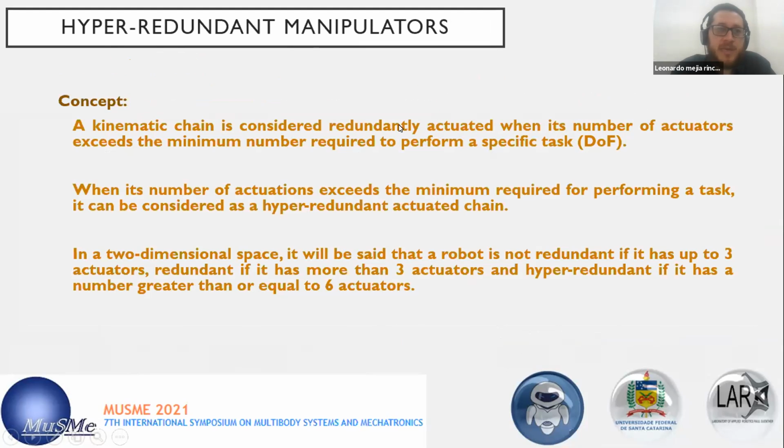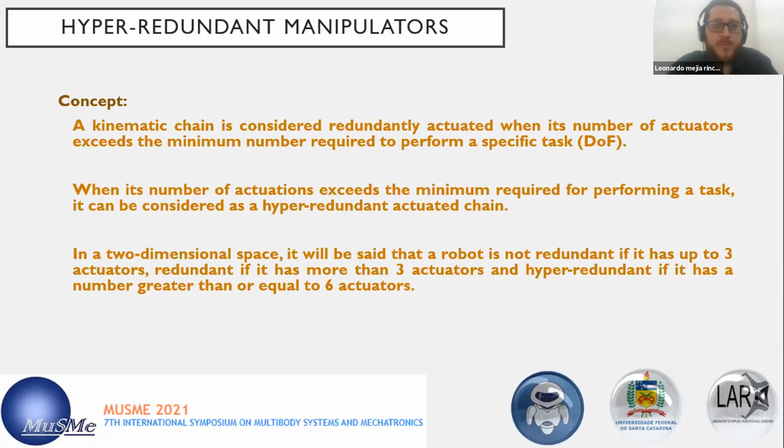So jumping into the hyper-redundant manipulators, we need to conceptualize some important ideas. The first is that a kinematic chain is considered redundantly actuated when its number of actuators exceeds the minimum number required to perform a specific task.